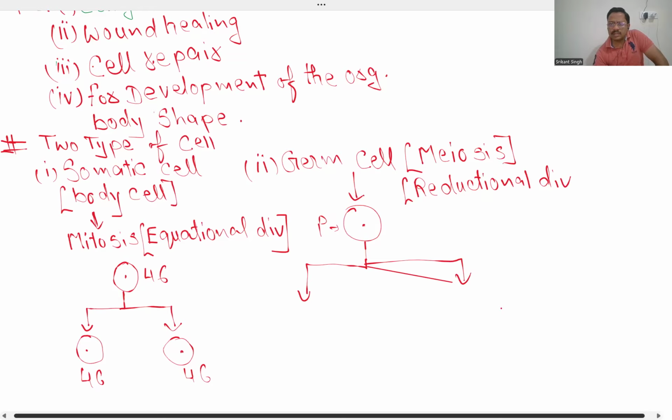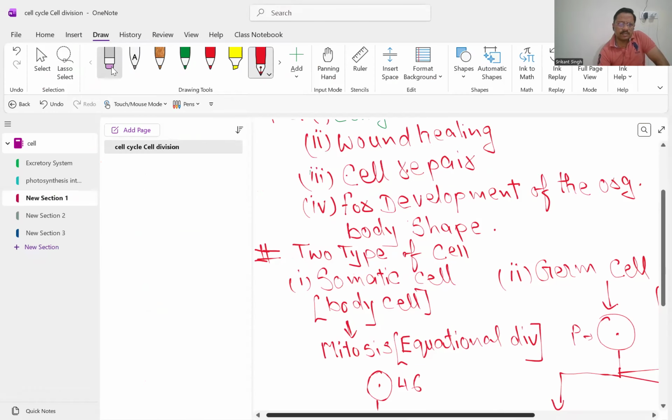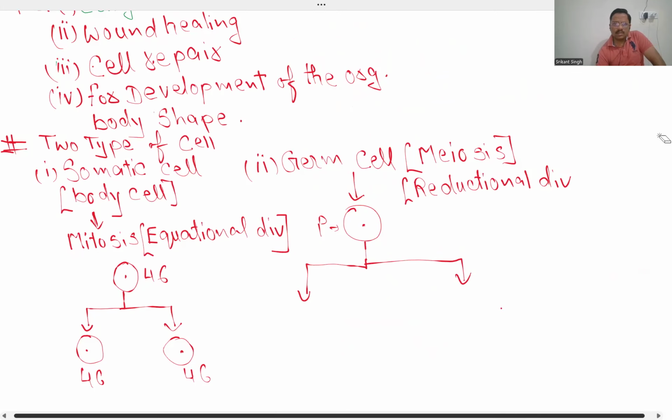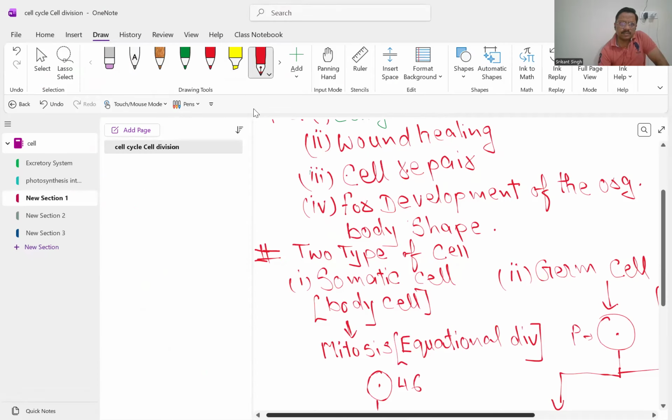Meiosis is going to be completed in two phases.